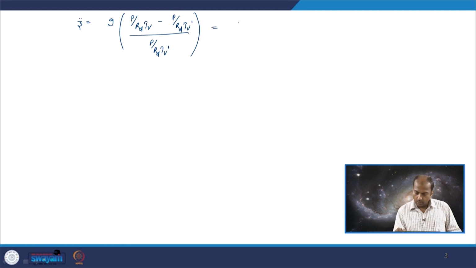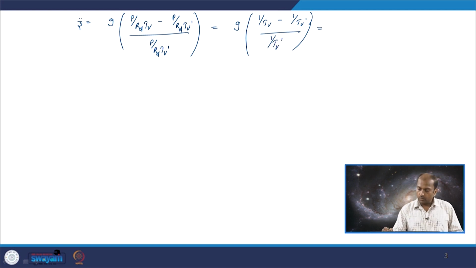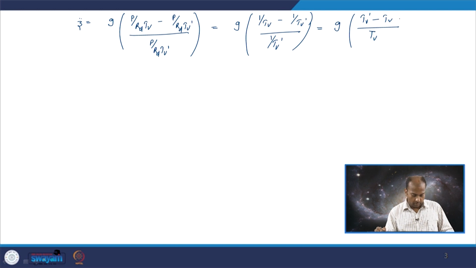That equals G times 1 by Tv minus 1 by Tv prime, divided by 1 by Tv prime, which equals G times Tv prime minus Tv divided by Tv. Tv prime is the virtual temperature inside the air parcel, Tv is the virtual temperature of the environment. Let us call this equation number B.